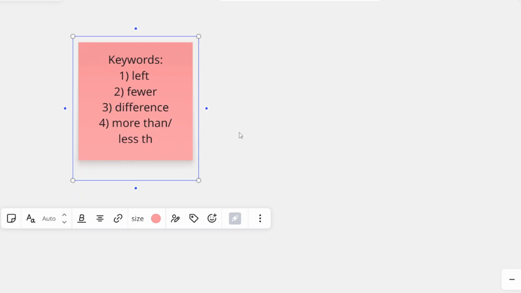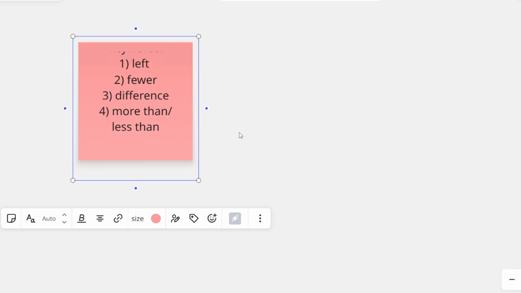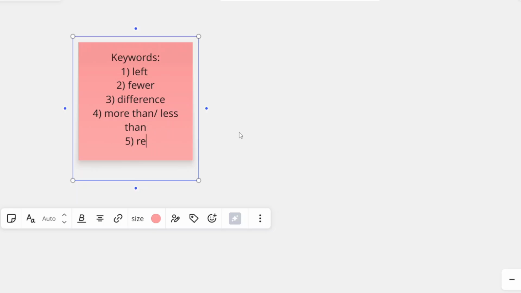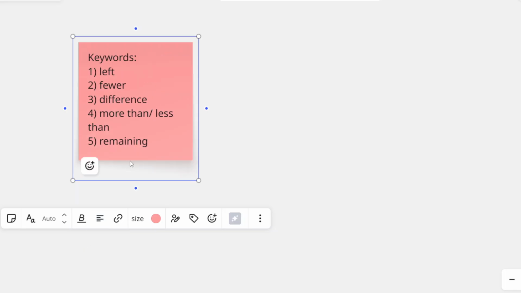Then we can also have remaining. So these words help you to understand that you need to subtract. If you're feeling confused, then you can look for these keywords and you can be sure about whether to use subtraction or not.